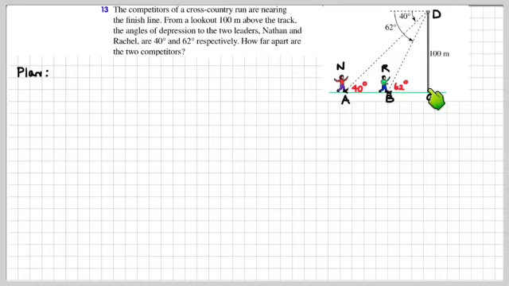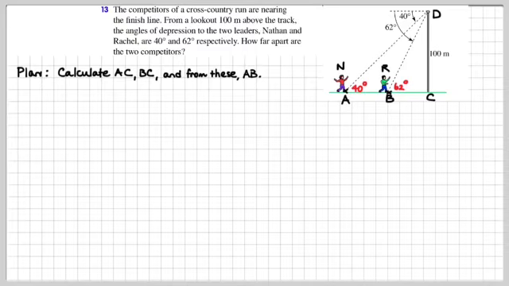And we could also use this big triangle here, which contains the same right angle. That would be the key to it, guys. So after thinking about that, I worked out that we could calculate AC here, and then BC there, in those two right angle triangles, and from those I could subtract BC from AC to get AB. Okay, that's my game plan.